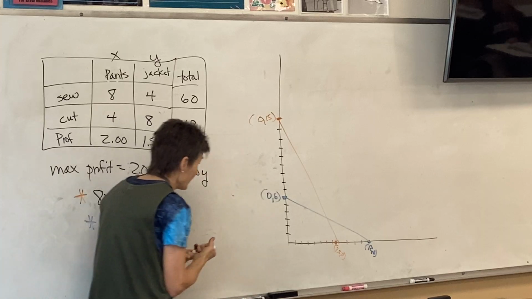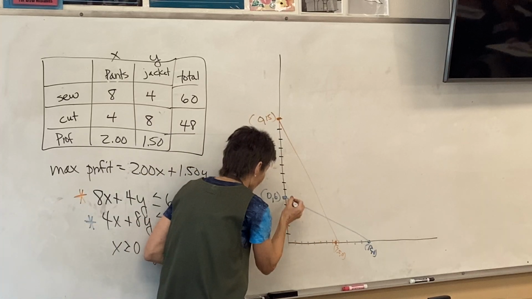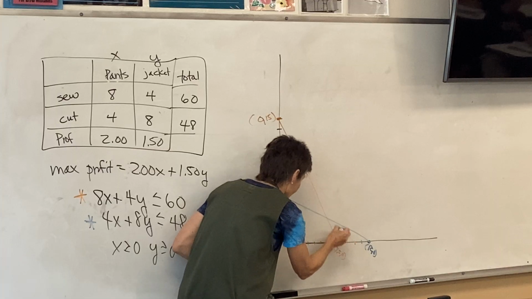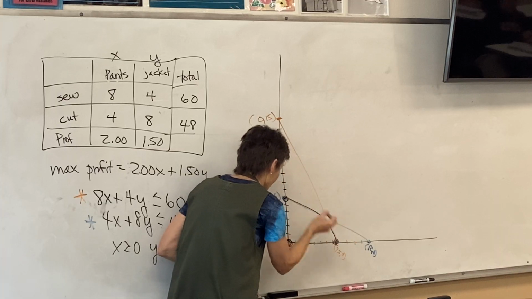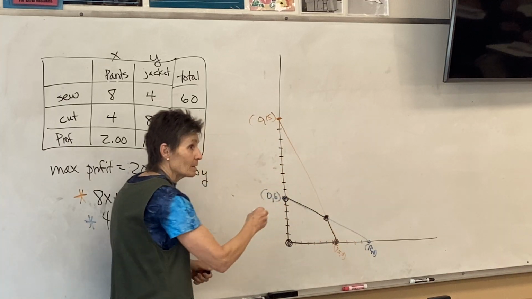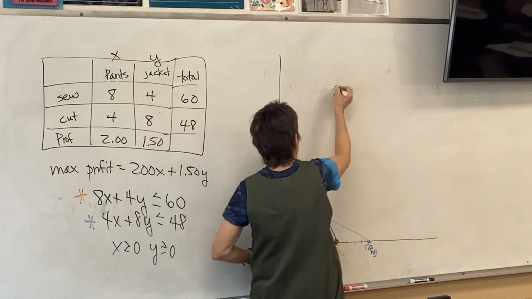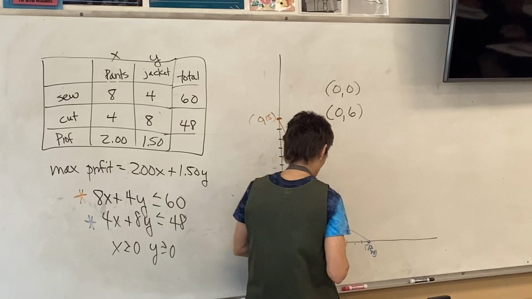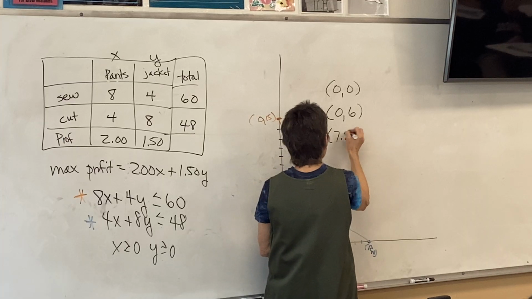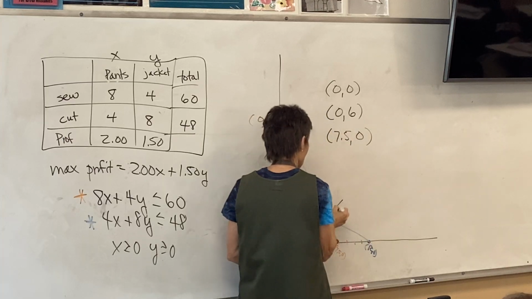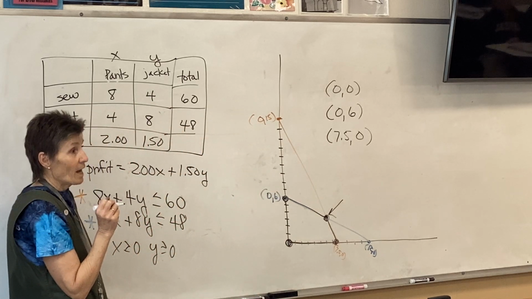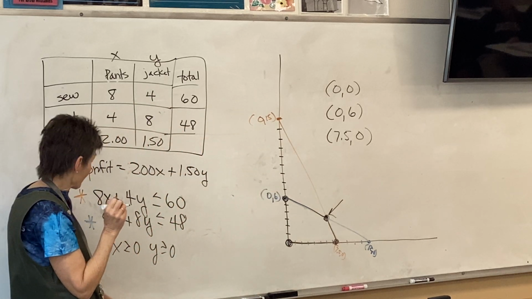So I am looking at this thing right here. Would you agree with that? This black shape right here. So my points are 0, 0, 0, 6, 7.5, 0, and this point, which I will have to figure out.